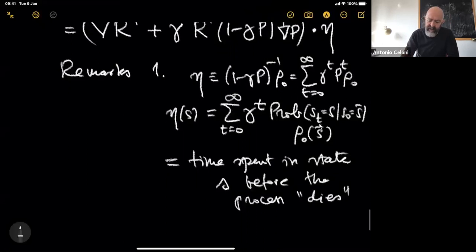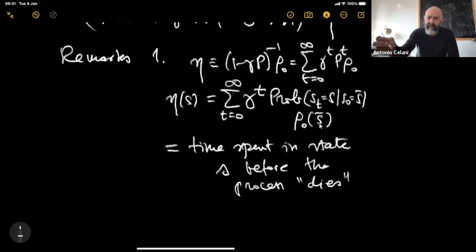It has a meaning, and being the time spent in a given state, it also has a consequence that this eta of S, if the process is nice enough, is something which is strictly positive. It's positive, it's not negative because the probabilities are positive, gamma is positive, everything is positive on the right-hand side. And it's not strictly zero because this would mean that there are some states which are never visited, which is never the case.